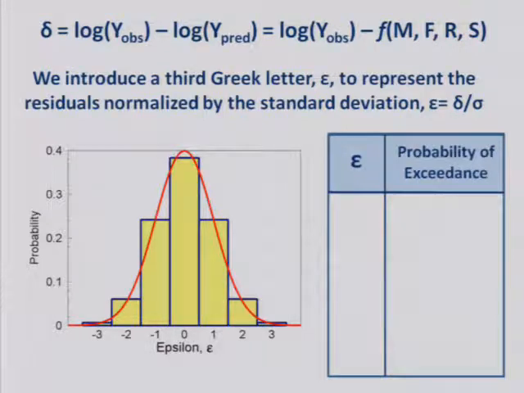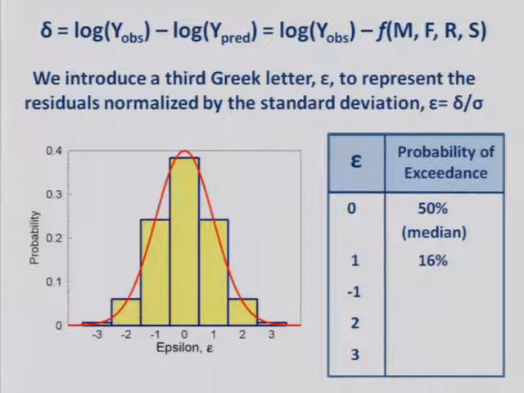And once we've assumed or shown it to be a Gaussian distribution, then where we are in terms of epsilon, how far above or below the best-fit curve we are, has a probability attached to it. So if we have zero epsilons, and those are on that curve, we have median values with a 50% probability of being exceeded.